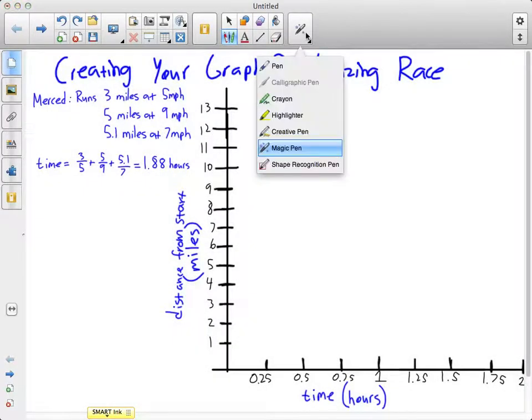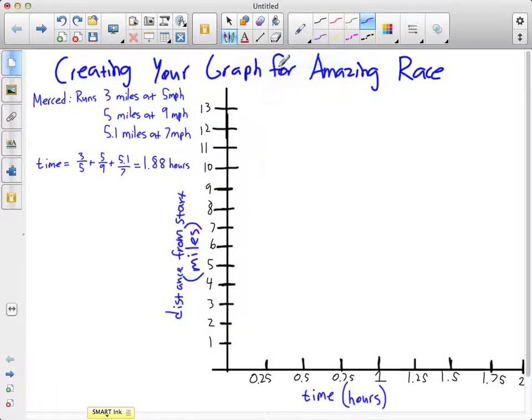So, in order to make that first line segment, what I need to remember is that he went 3 miles going 5 miles per hour. So how long did he take to go those 3 miles? Because I know how far he went. This 3 miles is going to be the y for my first point, so I need to know what x is for that point.